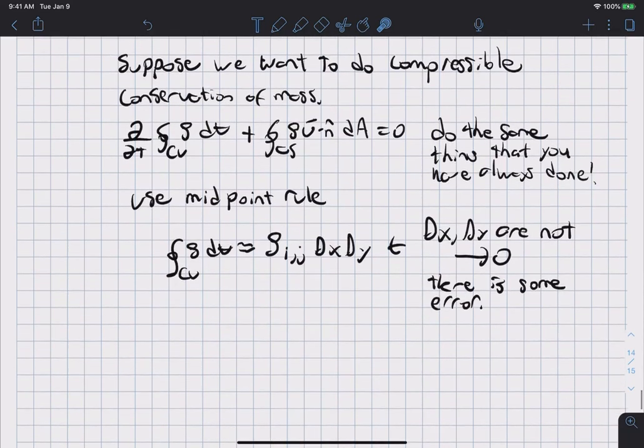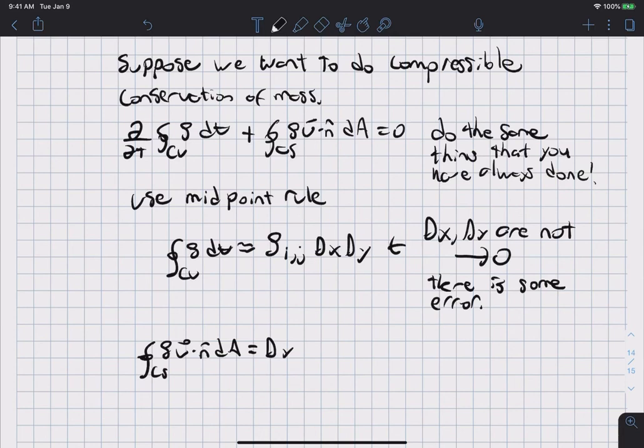Okay, and then you do the same thing for the integral of the surface forces, and here's where the error really comes into play. So the integral over the control surface of rho v dot n hat dA, and I'm just going to cut right to the chase. This will equal delta y, and again, you just walk around the control volume.